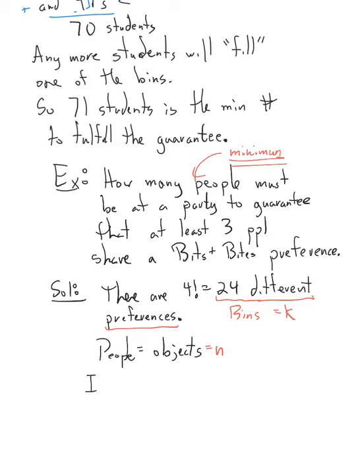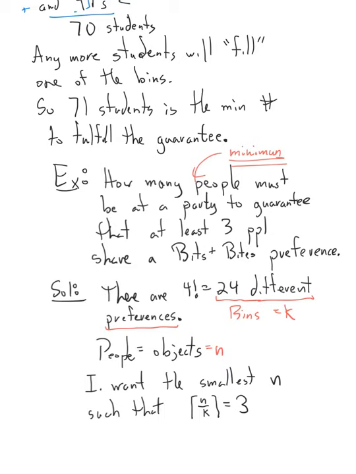I want the smallest n such that, well, we want 3 people to share a bits and bytes preference. So that means we want 3 people in one of our bins. So by the pigeonhole principle, we want the smallest n so that n over k equals 3.